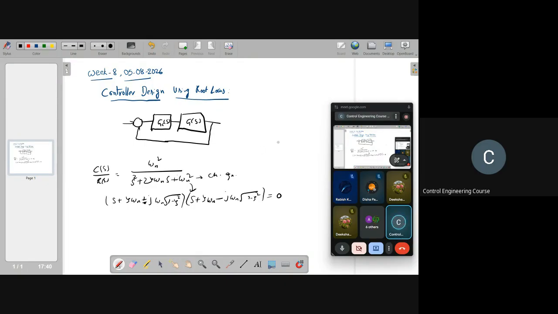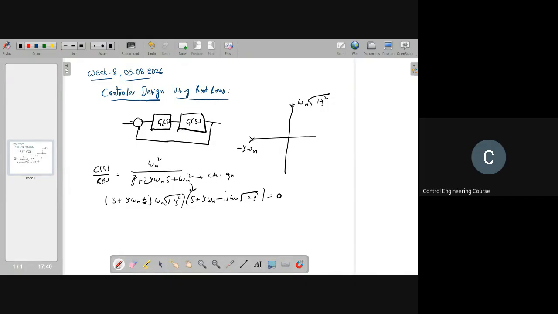In the S plane, it will be translated like this. This is your minus zeta omega n, the real part, and the imaginary part is omega d, or omega n square root of 1 minus zeta square. These are all things you already know.